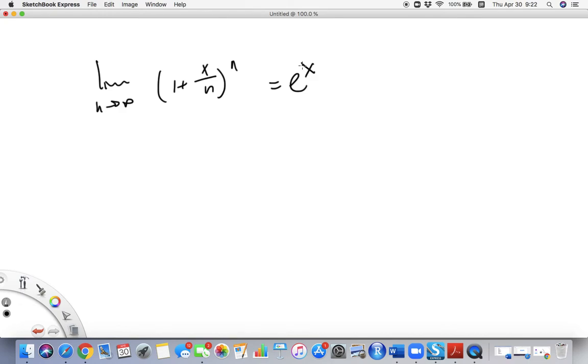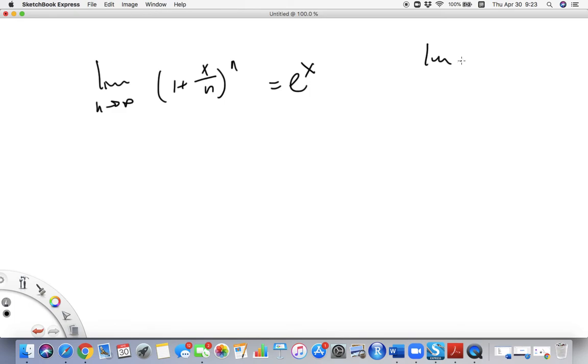So how do we show that? Well, here we have x over n, but here we just have n, right? Well, it would be nice if this is also a function of x over n, right?